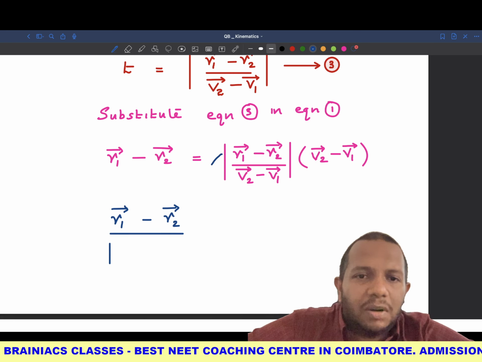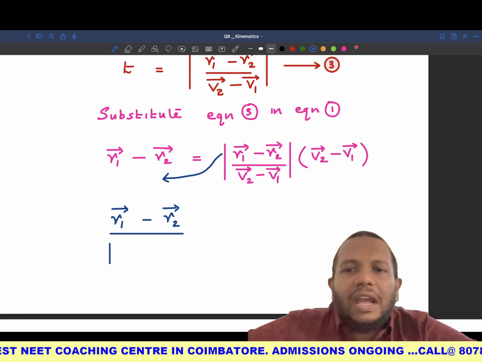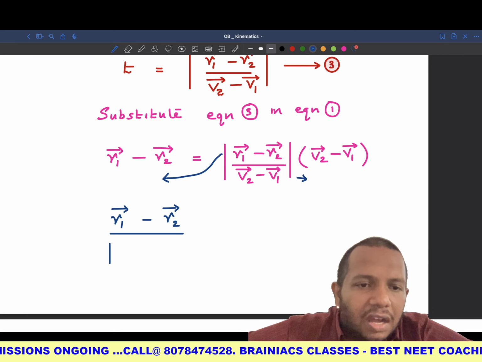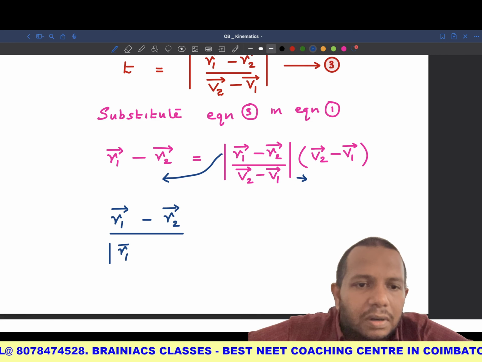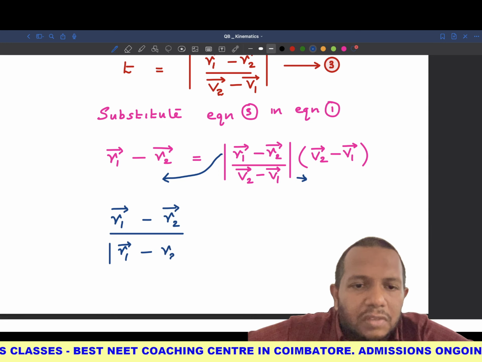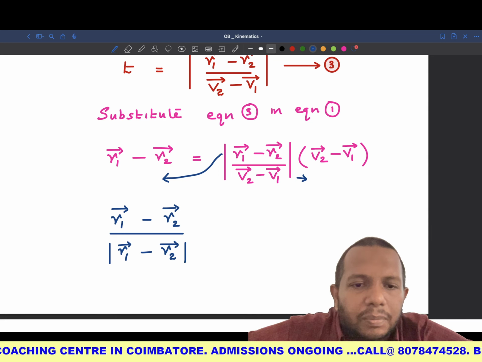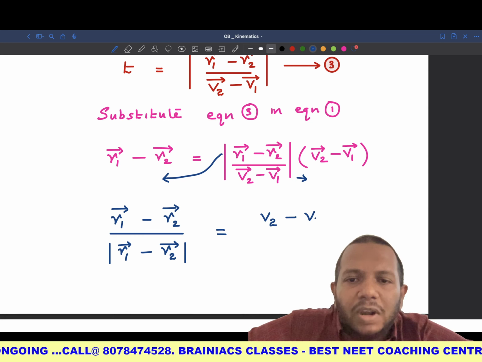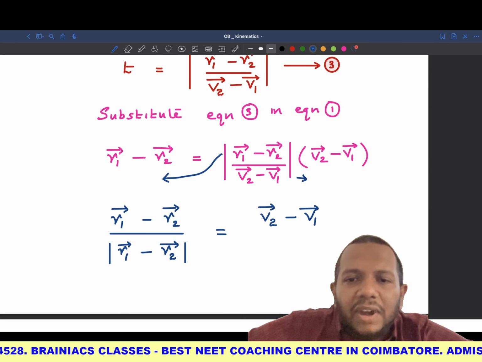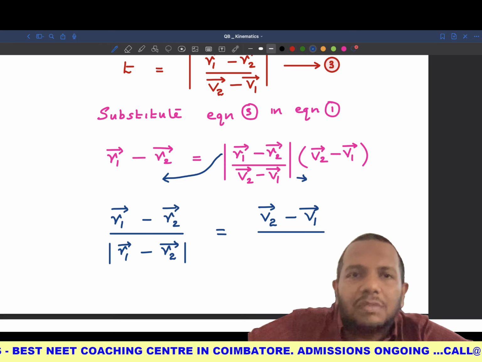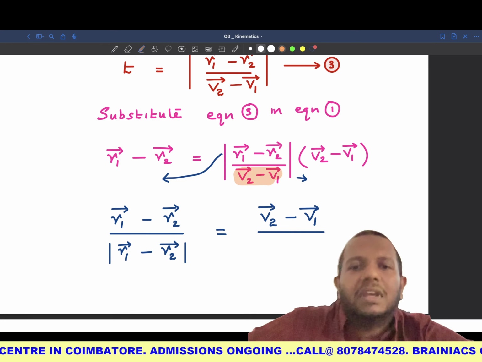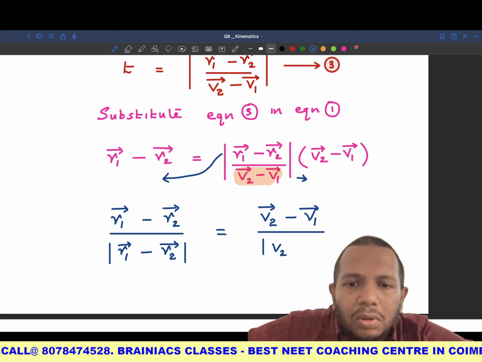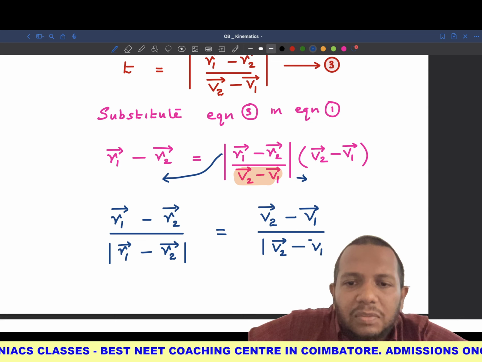This is coming from here, and this is already present here, so this can be modulus of r1 minus modulus of r2, and that is equal to v2 minus v1 vector divided by, already in the denominator we have the modulus, so that is the modulus of v2 vector minus v1.